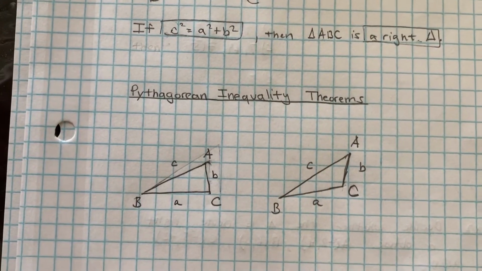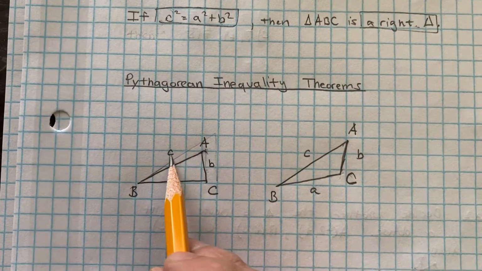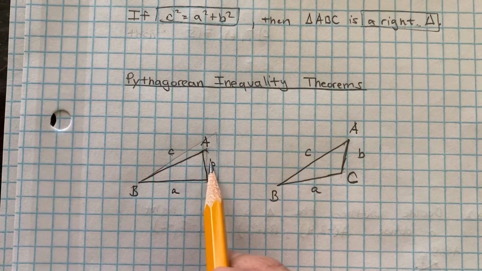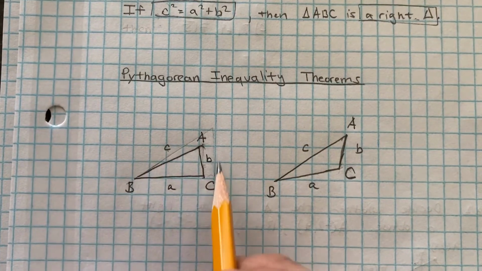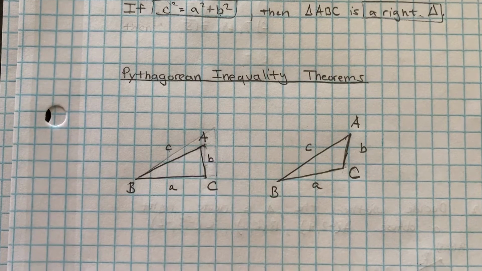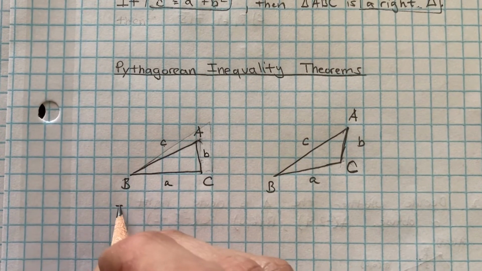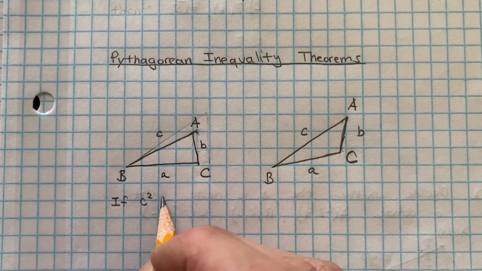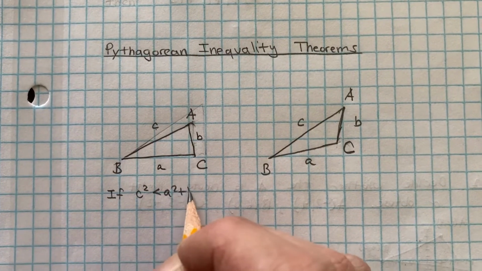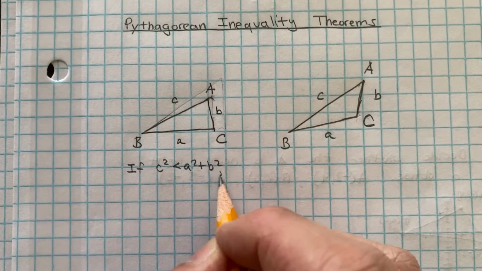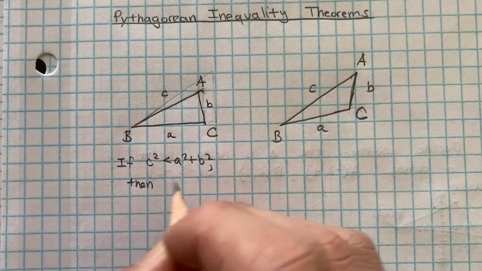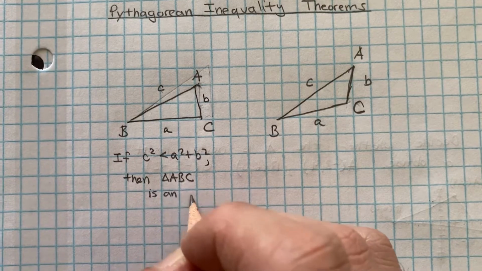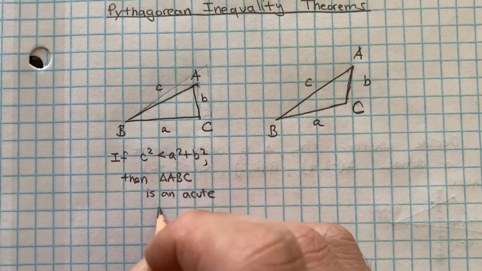All right, so there's a couple of other theorems that are very much similar and related to it. So over here, again, this is little c, the side opposite of angle C, the big C. These are all lowercase letters, and these are uppercase letters to refer to the angles. So if c squared is less than a squared plus b squared, I have an inequality symbol, then I can say triangle ABC is an acute triangle.